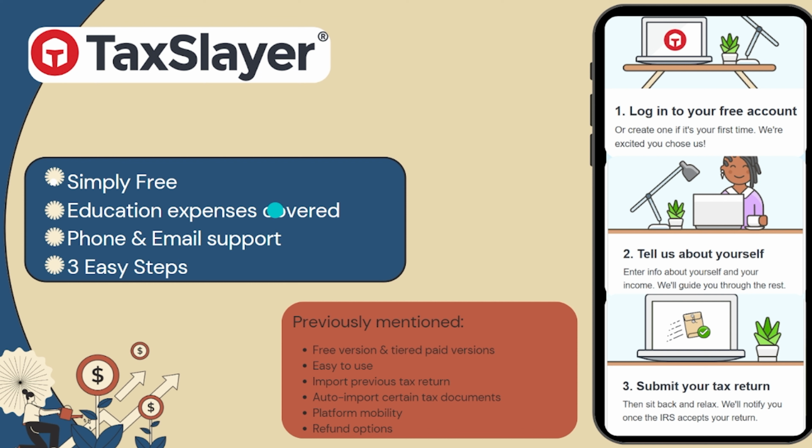Now from here, they actually do have phone and email support, so you can do unlimited support by phone or email for confident tax filing. So if you have questions, you can actually reach out to them directly. And they typically say that on their website, they actually have 3 easy steps to go through that process, as well as all the other features we mentioned earlier, such as a free version and also tiered versions that you can actually import your tax documents directly, and it is mobile friendly too.